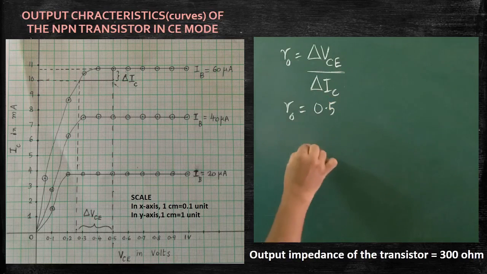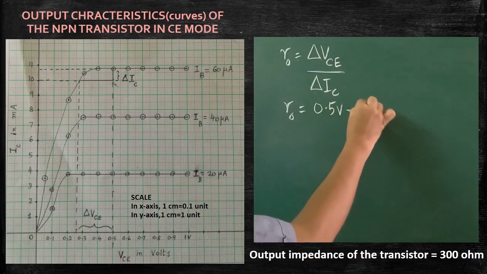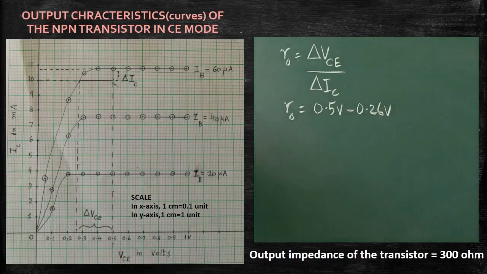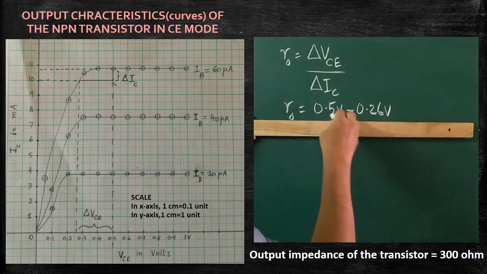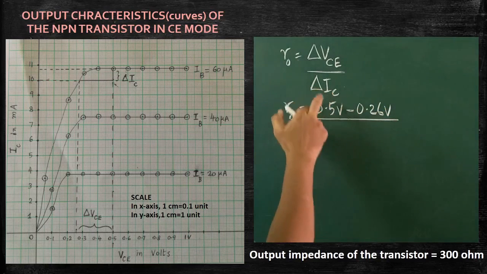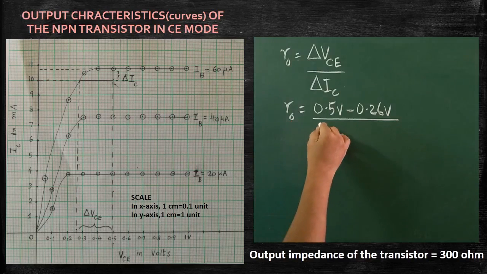Their values are 0.5 volt minus 0.26 volt. So this is the value of difference between maximum value of VCE and minimum value of VCE. After that, find out the value of denominator, the difference between the maximum value of IC and minimum value of IC, to be found out from the graph, that is from the slope.